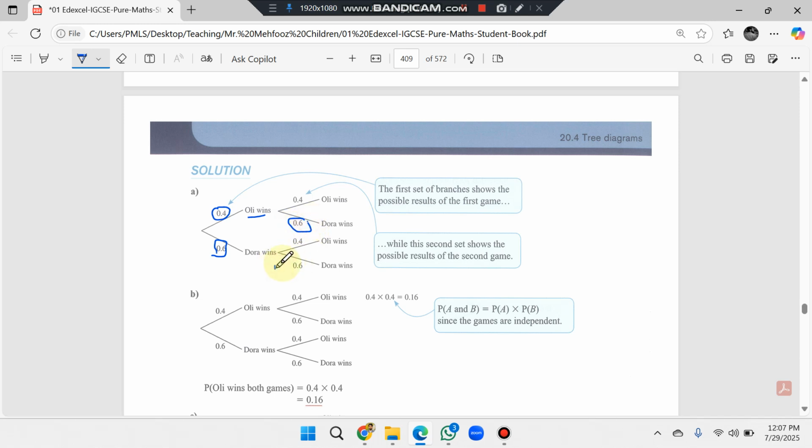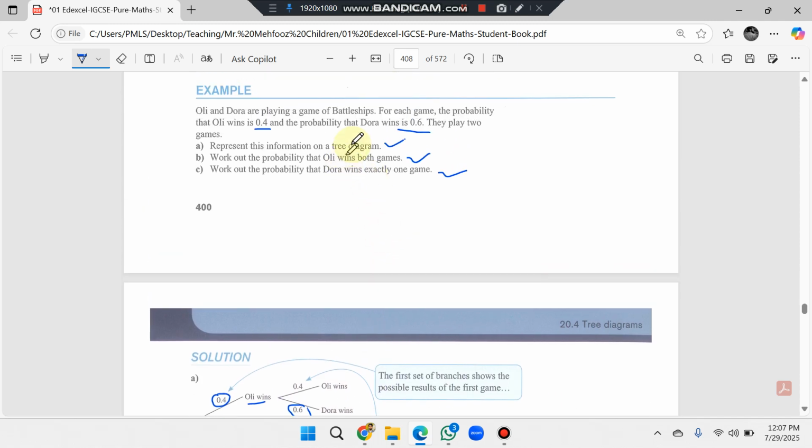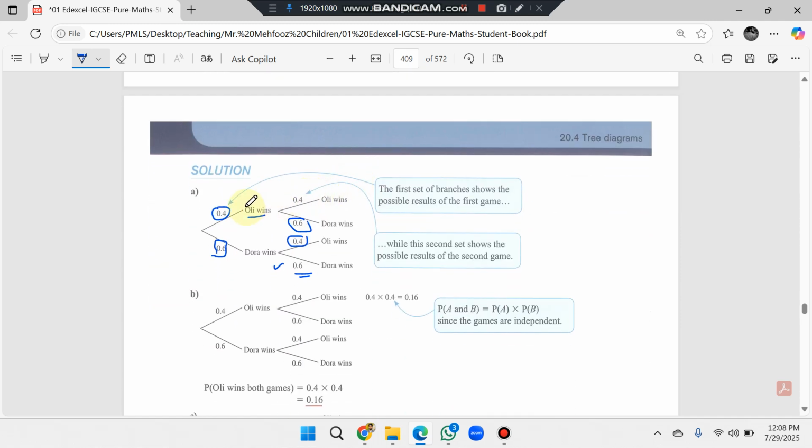In the second game, Ollie wins with probability 0.4 and Dora wins with probability 0.6. As you can see in the question, they play two games. That's why we use two steps in the tree diagram, while the second set shows the possible results in the second game. Understand?